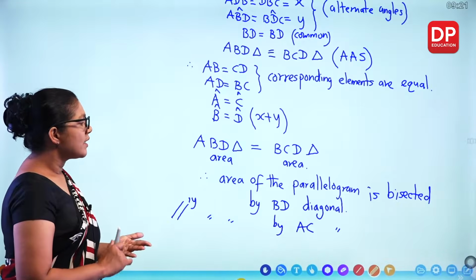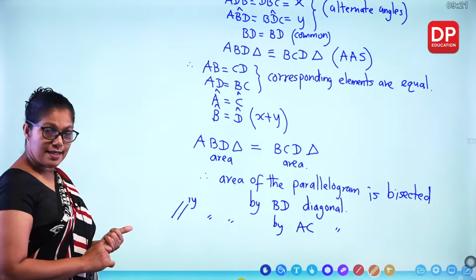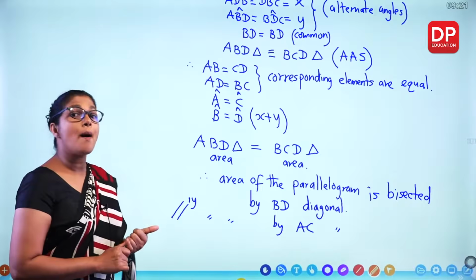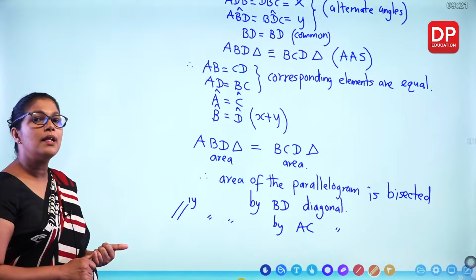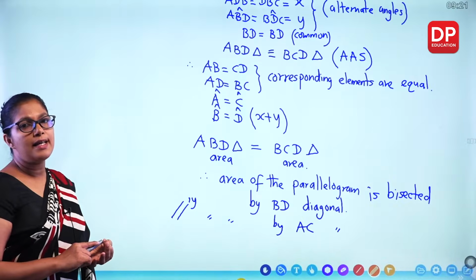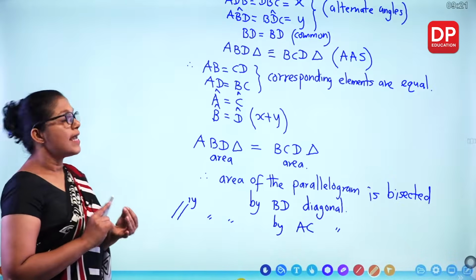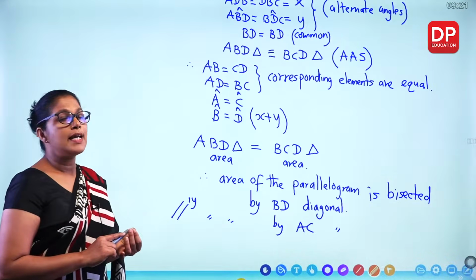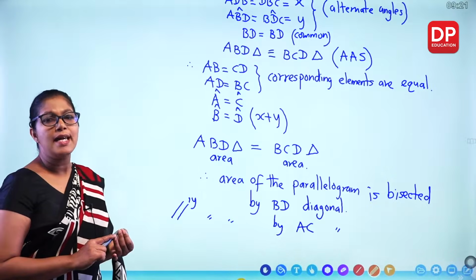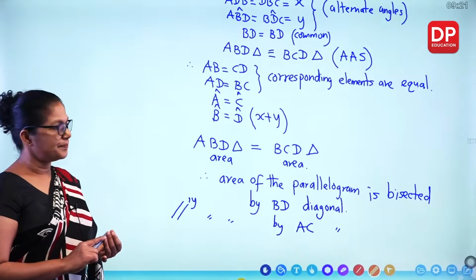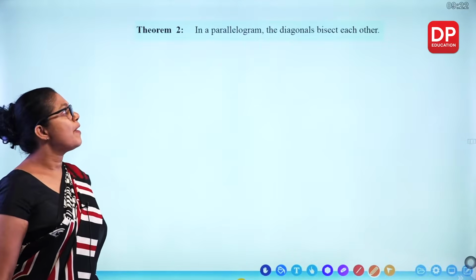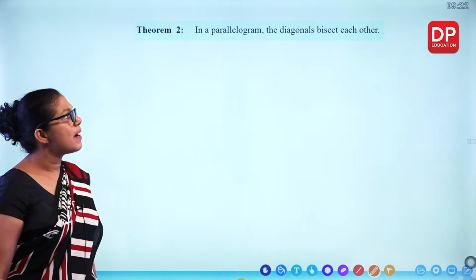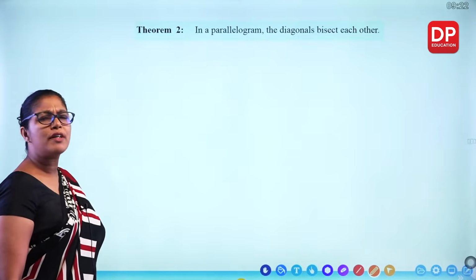So what does the first theorem say? When you take a parallelogram, opposite sides are equal, opposite angles are equal, and the area of the parallelogram is bisected by each diagonal. Now we look at theorem number 2. It says in a parallelogram, the diagonals bisect each other. What does it mean?